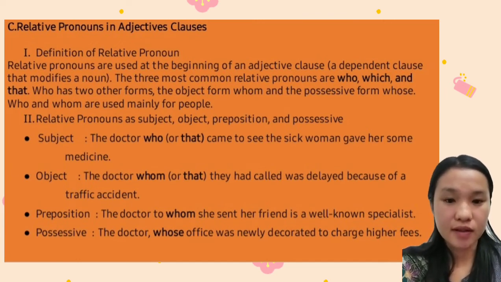Relative pronouns are used at the beginning of an adjective clause, or a dependent clause, that modifies a noun. The three most common relative pronouns are who, which, and that. Who has two other forms, the object form whom and the possessive form whose. Who and whom are used mainly for people.